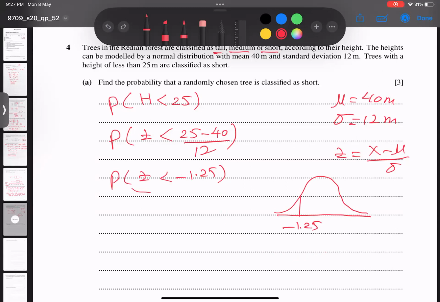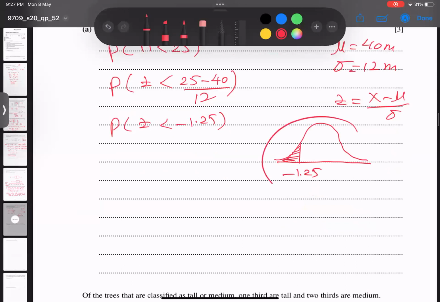Lesser is the left-hand side. But in our probability distribution table we don't have negative values. Because this diagram is symmetrical, if I take the same number on the positive side, this area and this area are always the same.